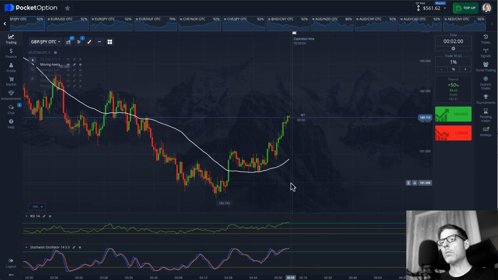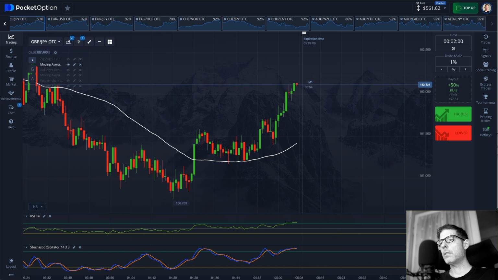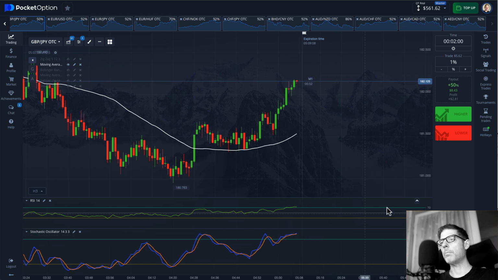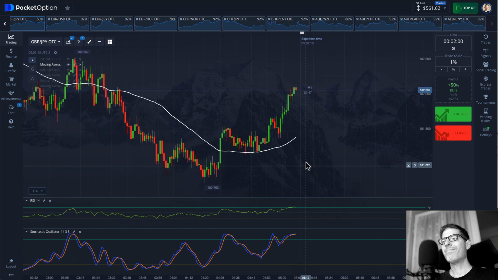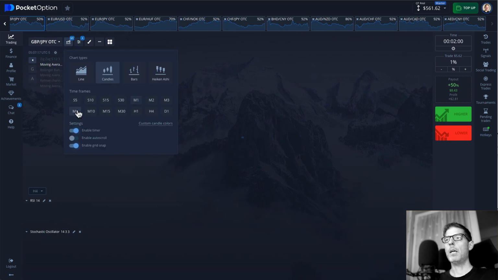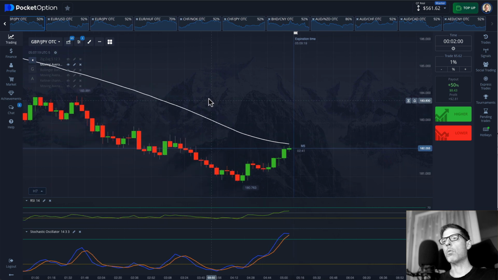Okay. So the stochastic is a little bunched up here at the bottom. That's okay. Not 100% on this position, although it may work out. Typically what I'm doing is I'm looking for a trend here, but then I would be taking a short.